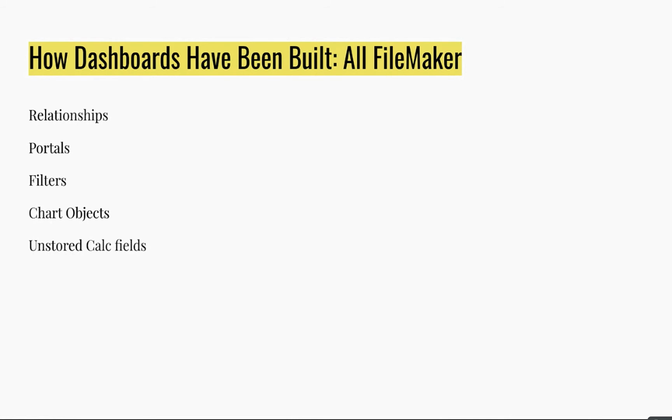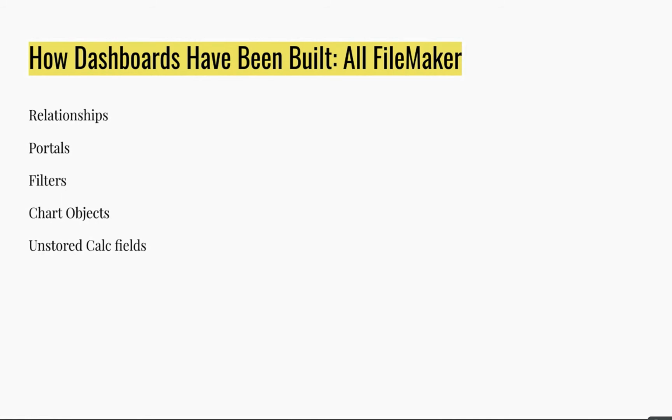What else have people used in the past? I think that's maybe hide conditions, maybe drop downs to change data. That's part of the relationships. So in essence, we've used all of this stuff to build dashboards.